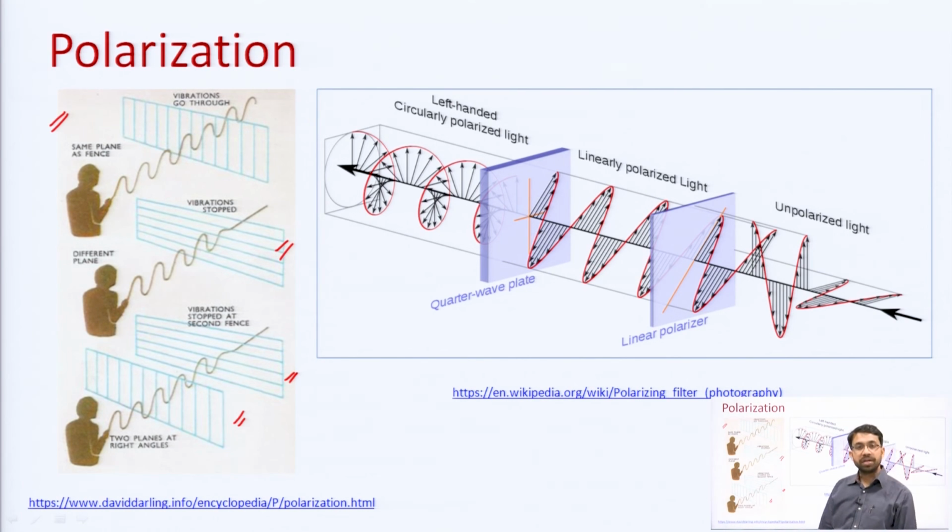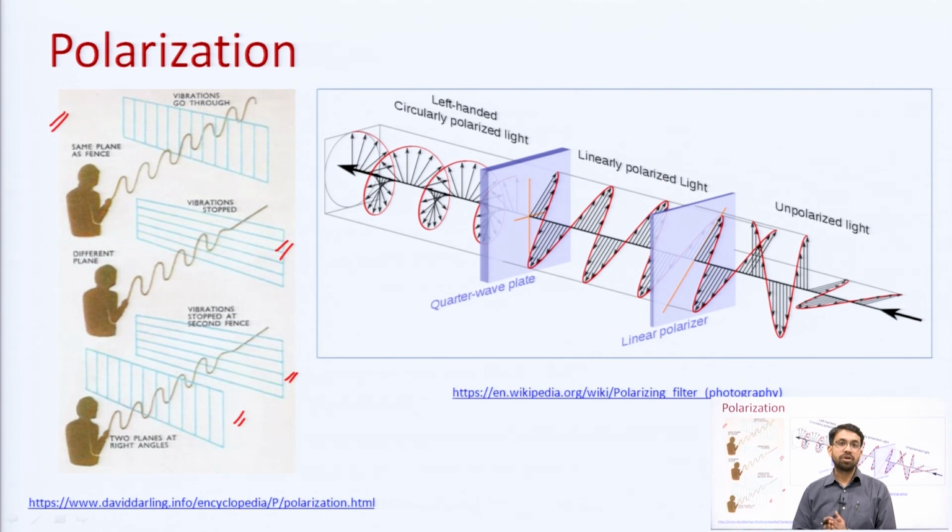Light is an electromagnetic wave, and what is the meaning of this? That there are electric and magnetic vectors that vibrate in all the planes. There are certain materials, and if we pass the light ray through those materials, then the vibration is confined to a single plane.